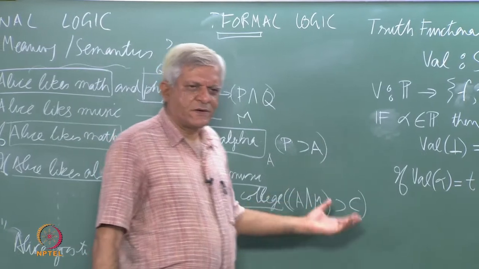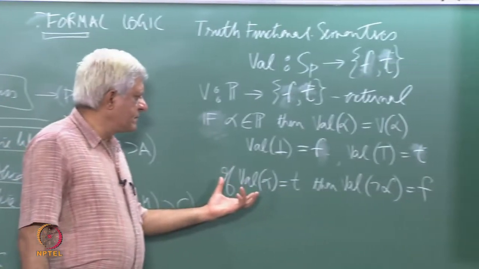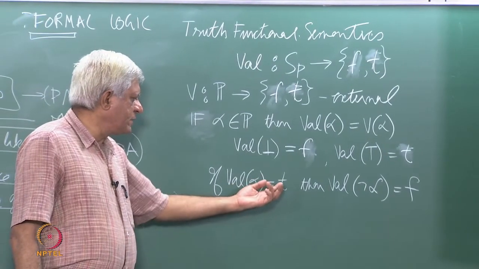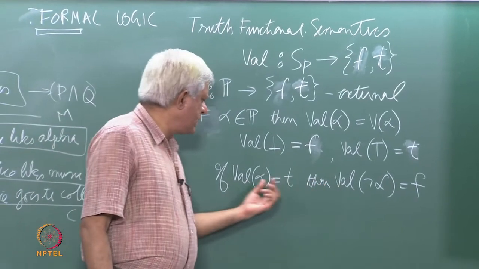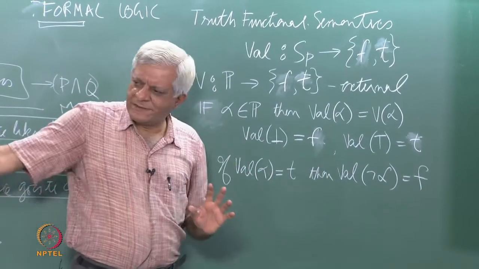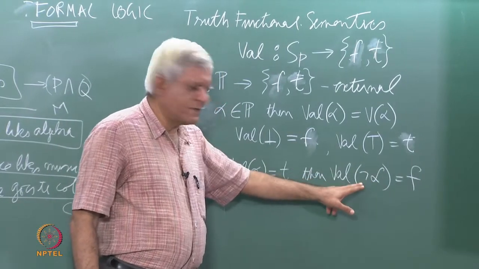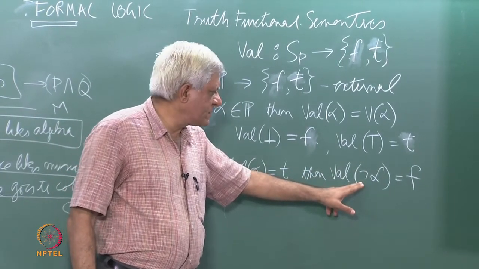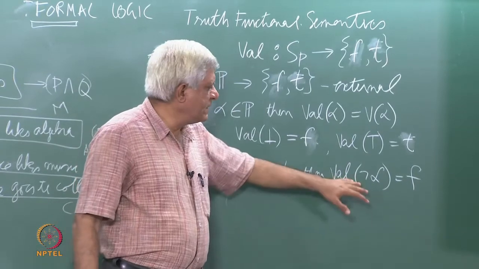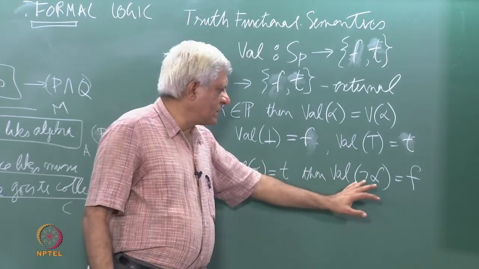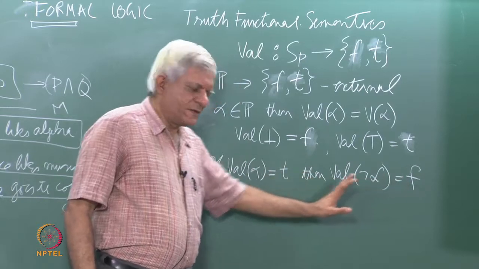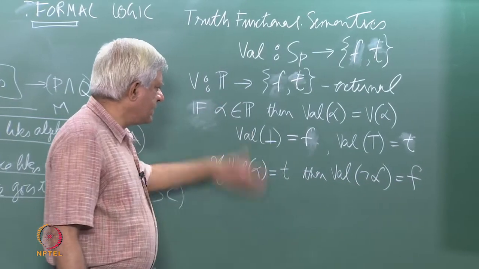So, I write rules like this: if alpha maps to true, and alpha is a sentence in my language, then the other sentence in which I have prefixed alpha with this unary operator, which we will of course, between us read as not alpha, then not alpha maps to f, and like this we can write other rules.